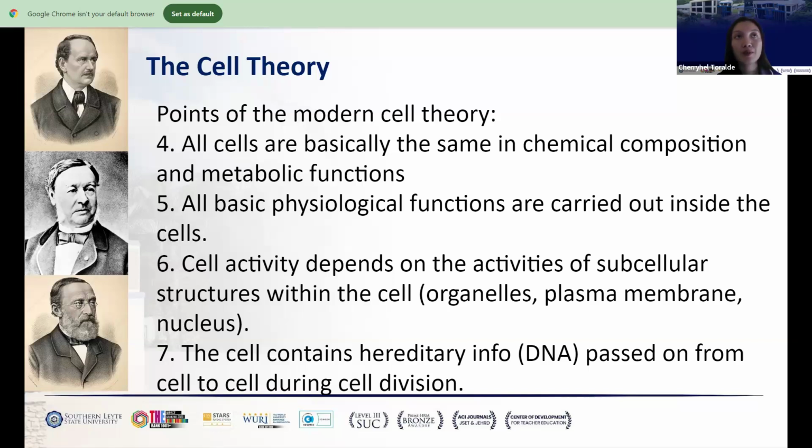Meaning, whatever your fate will be when you grow up, you can pinpoint to the DNA to explain why and how. The DNA also has a role in cell division. There are two types of cell division, mitosis and meiosis.